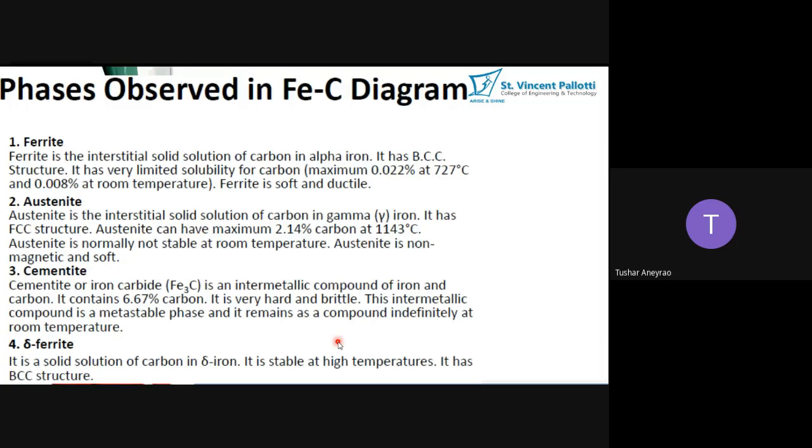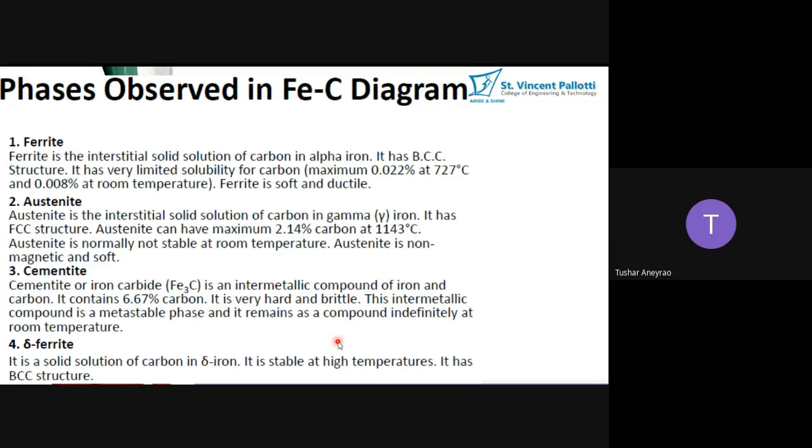We are going in the phase diagram from bottom to top now. While going from room temperature to the temperature till it gets converted into liquid state, what are the various phases that I am going to get? First will be the ferrite. Second is the austenite. Austenite is the interstitial solid solution. It is very important that the mixture of iron and carbon is an interstitial solid solution and not a substitutional solid solution.